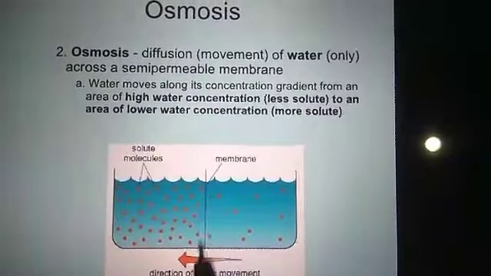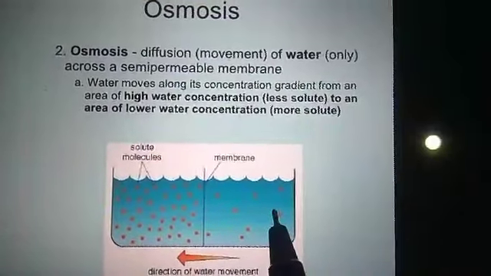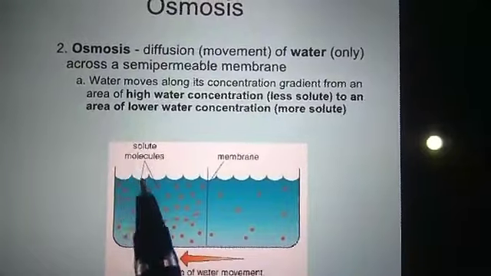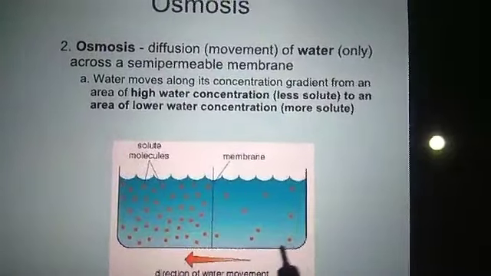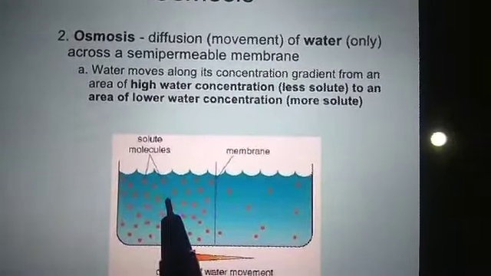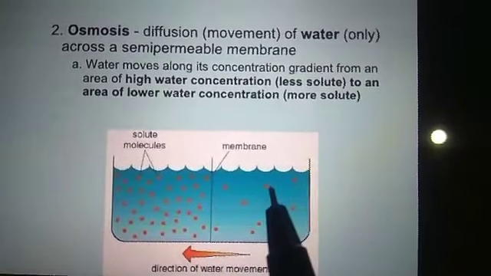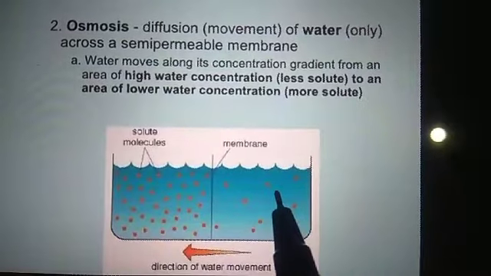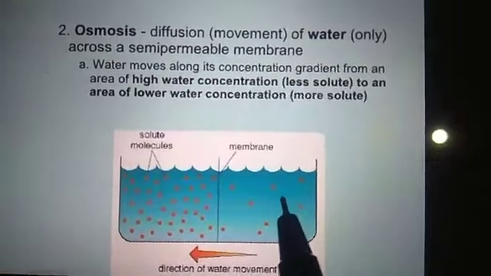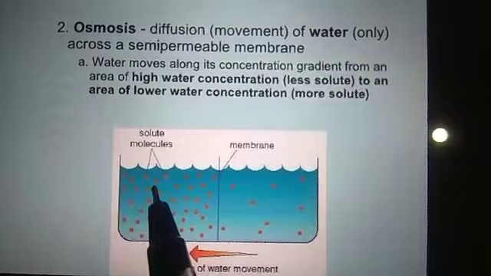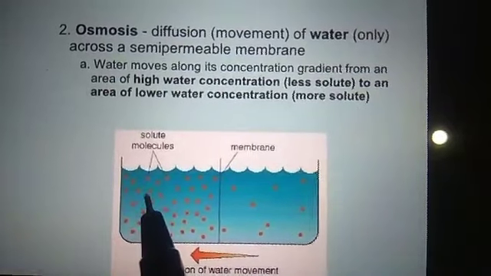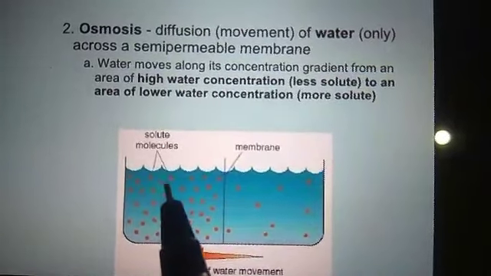Here is the selectively permeable membrane, and water and solute molecules are dissolved on both sides. But on this side the solute molecules are in large quantity and here in small quantity. So the concentration of water is greater here and lower there. Now what will happen?